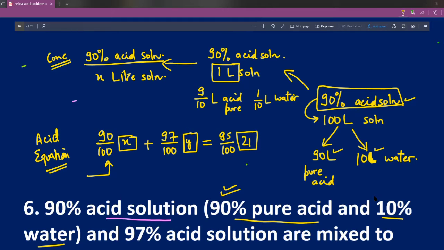So this 90% acid solution of X liters will have 9 by 10 X liters of pure acid and 1 by 10 liters of pure water.